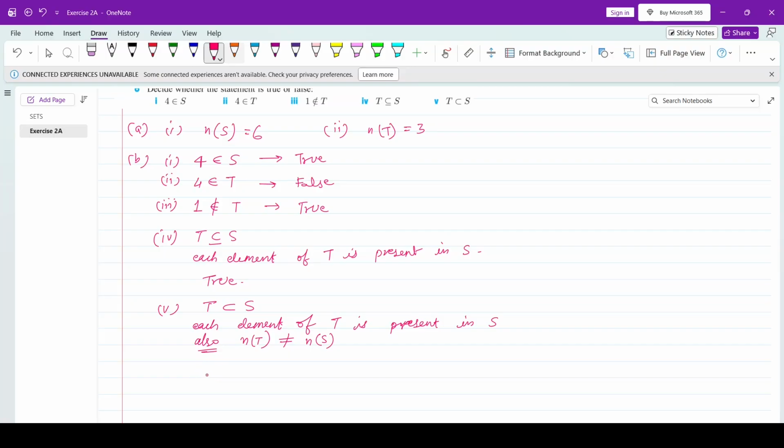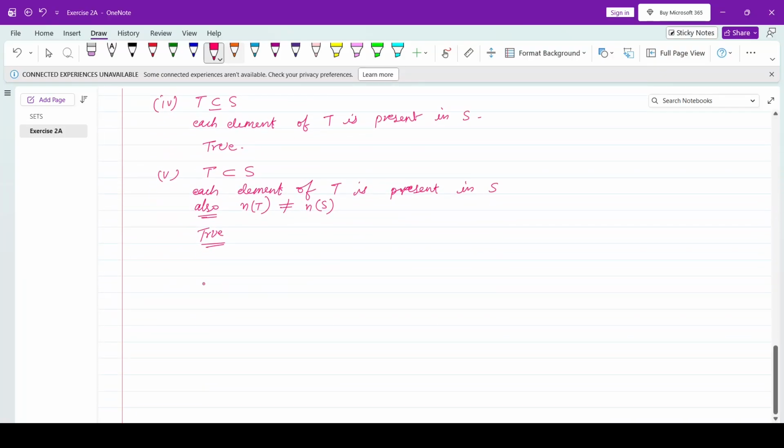It means we can say T is a proper subset of S. That means this statement is true. Let's move on to the next question.